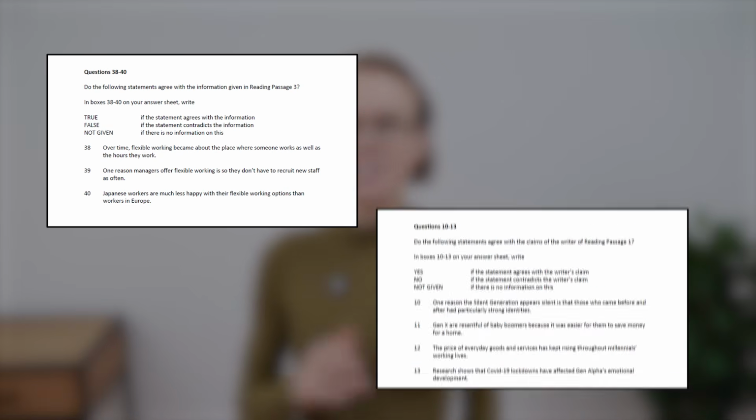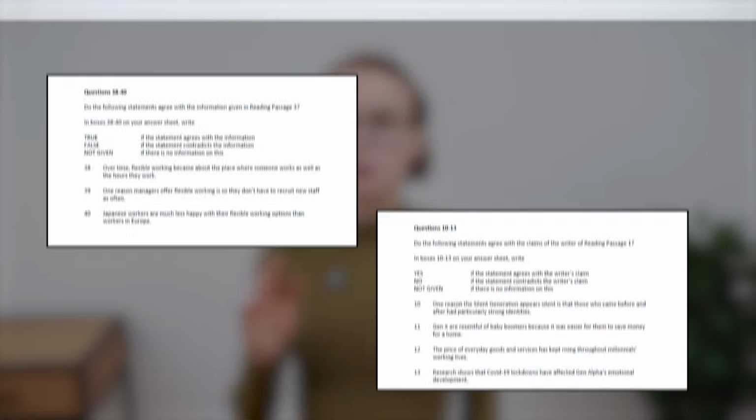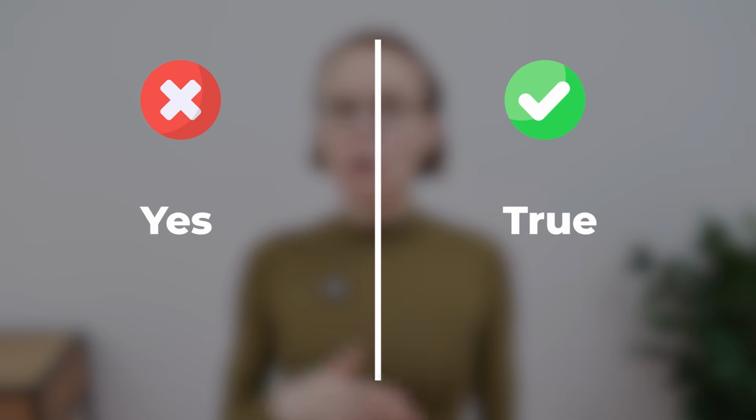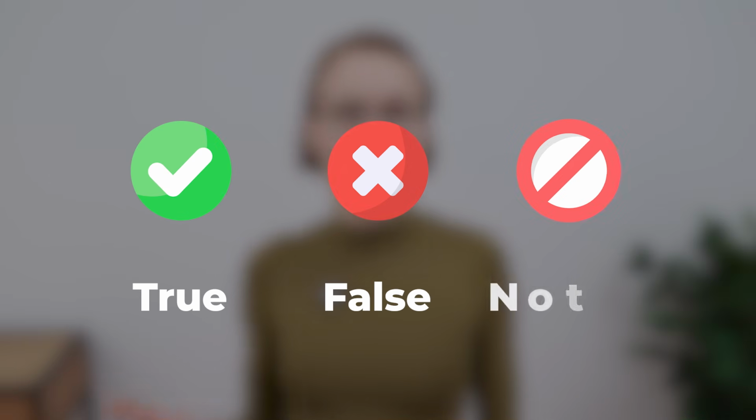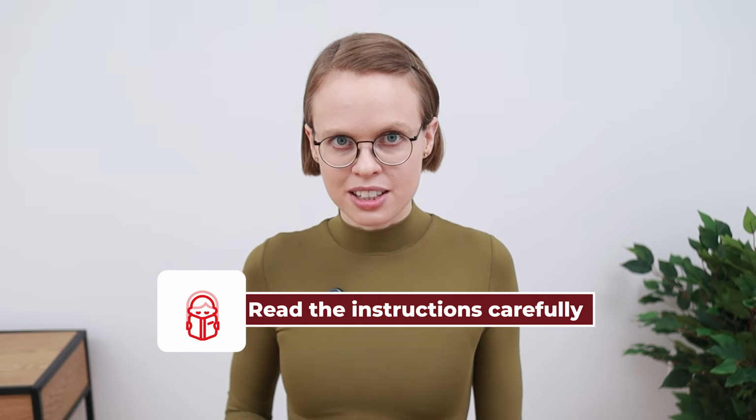True, false, not given questions are very similar to yes, no, not given questions, which are also on the IELTS reading test. If you write yes instead of true or no instead of false, the answer is wrong because you have to say whether the statement is true, false, or not given. So make sure that you read the instructions carefully.